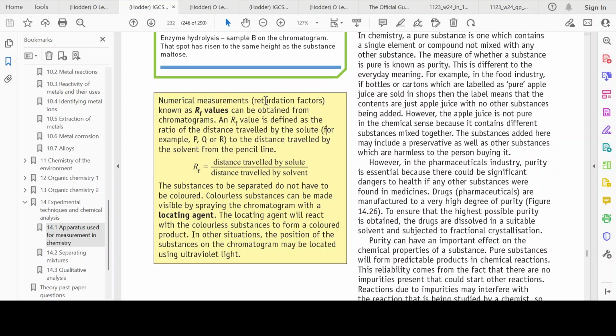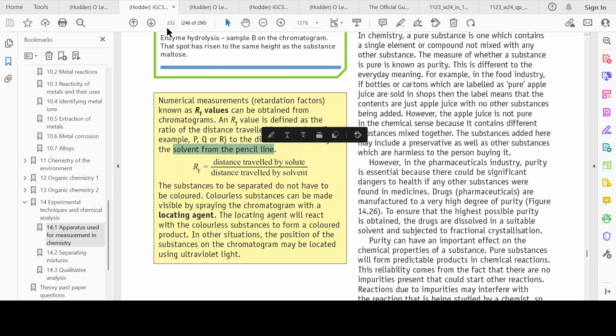RF stands for retardation factor, which is basically a reference to how far the solute, so the dye or whatever it was, moved up the chromatography paper as compared to how far the solvent went. An RF value is defined as the ratio of the distance traveled by the solute to the distance traveled by the solvent from the pencil line.